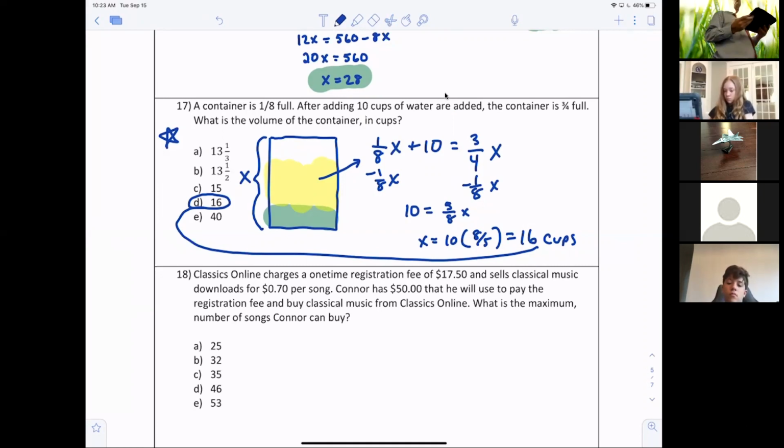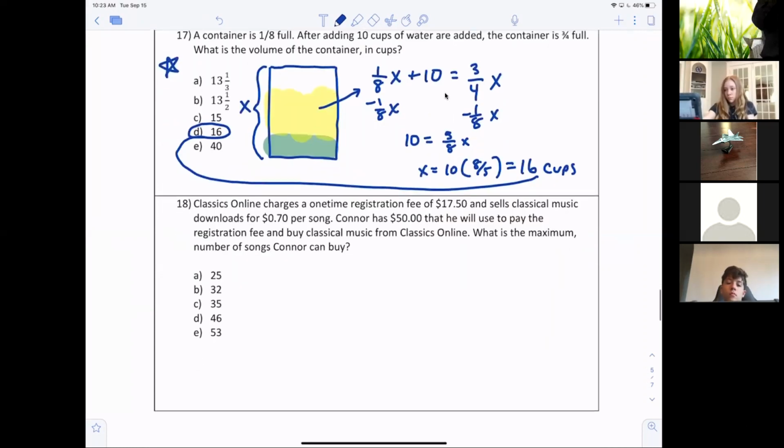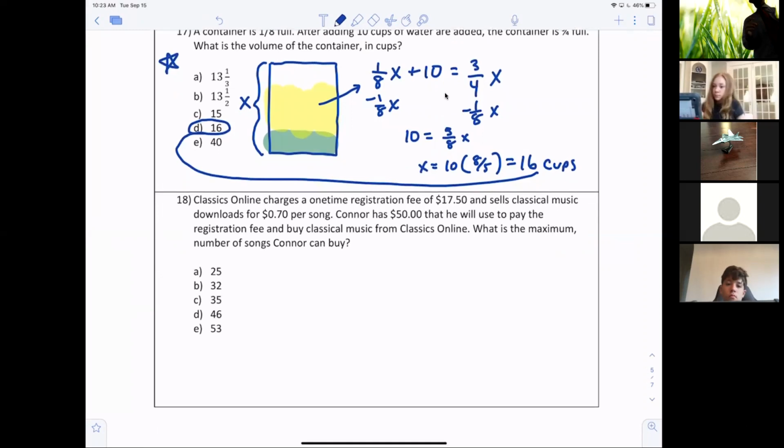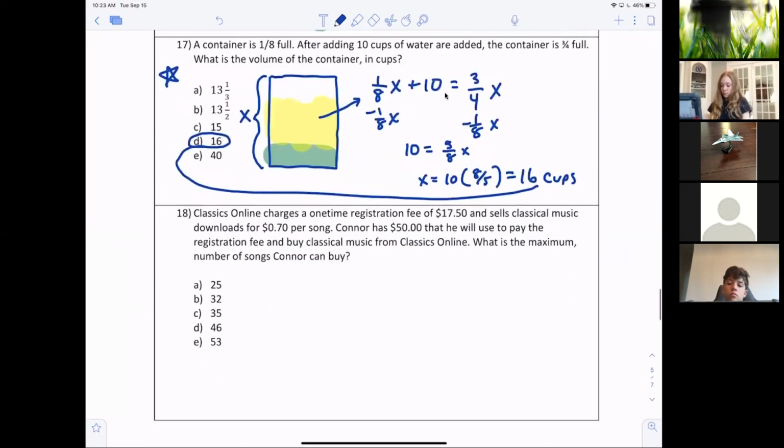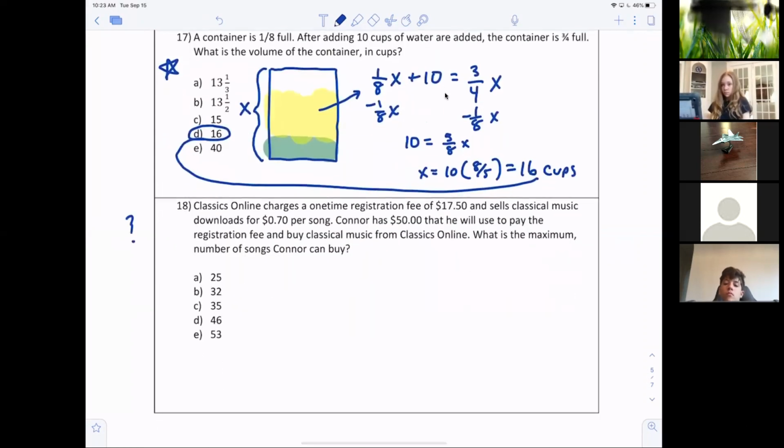All right, number 18. I'm really hoping most of you can tell me this answer. Ryan, do you have any idea on this one? Not sure? Put a question mark here, you're good. Morgan, what about you? Did you get a shot on this one?